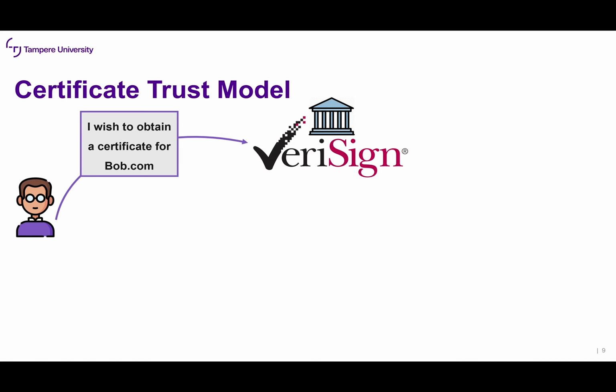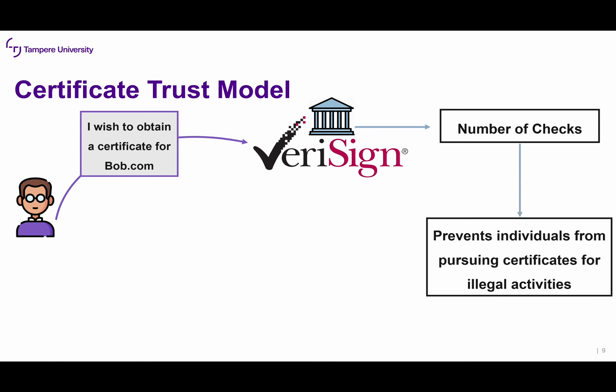As I said earlier, there are commercial certification authorities that can produce a digital certificate for your public key after you pay a fee, and after the CA does a number of checks to basically verify that you are who you claim to be.